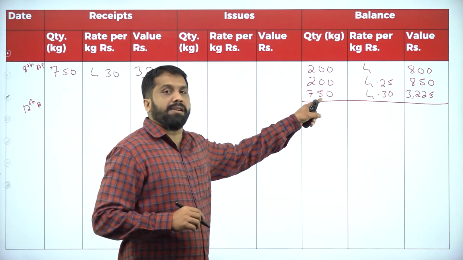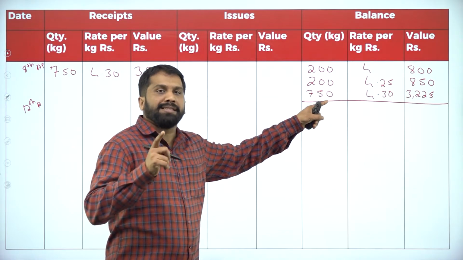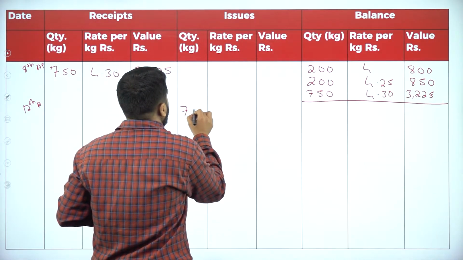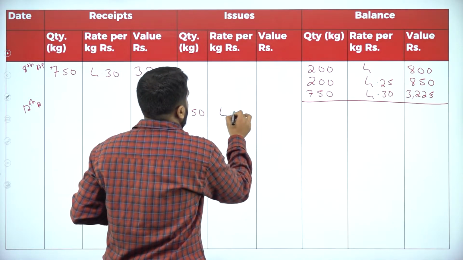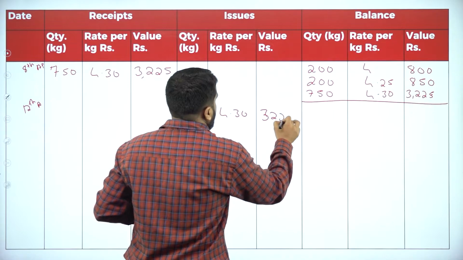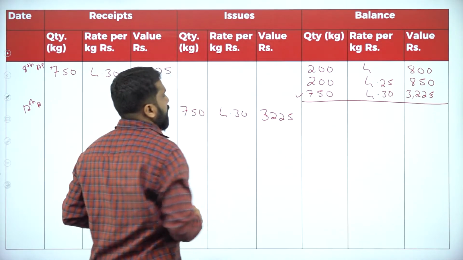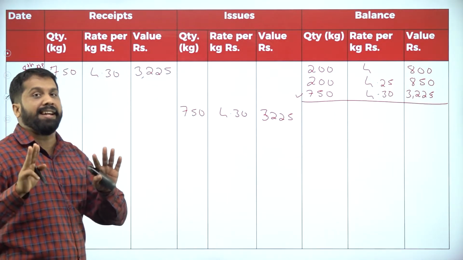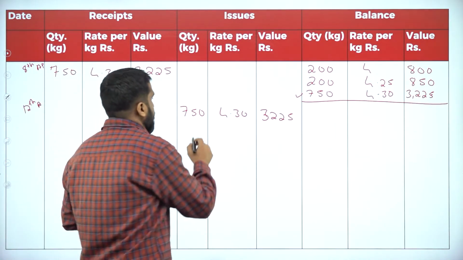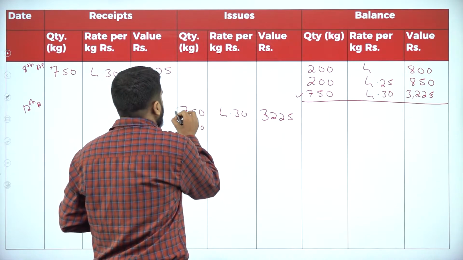Do you have 800 here? No. How much do you have? 750. First, we'll take 750. What is the value? 4.30. How much is it? 3,225. This is done. How much did we need? 800. Still, how many do we need more? 50.